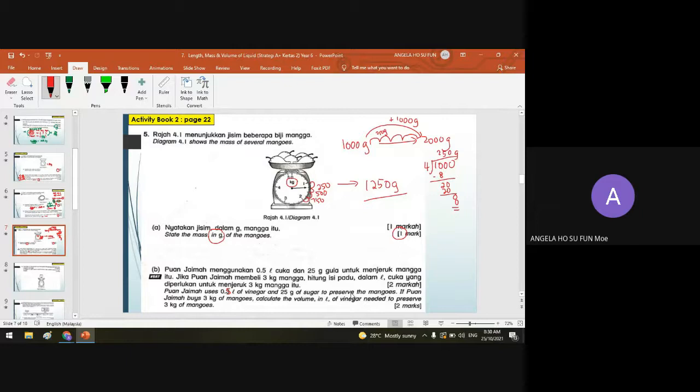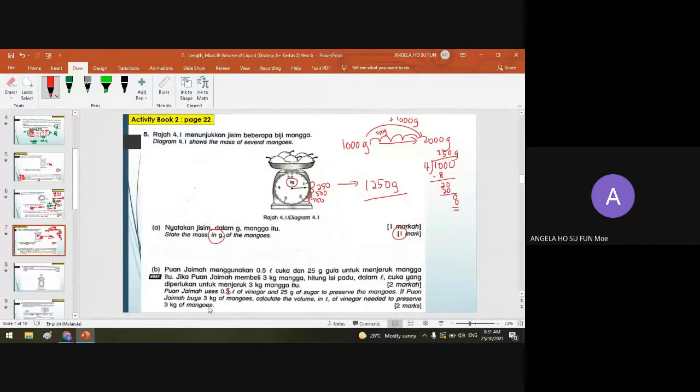and does pickling. Now, if Jaima buys 3 kilo of mangoes, it's not 1,250 gram. Now she bought an extra 3 kilogram of mangoes. Calculate the volume of vinegar needed to preserve 3 kg of mangoes.